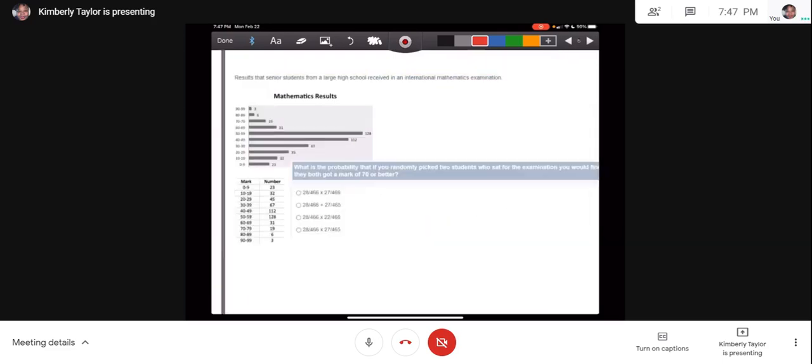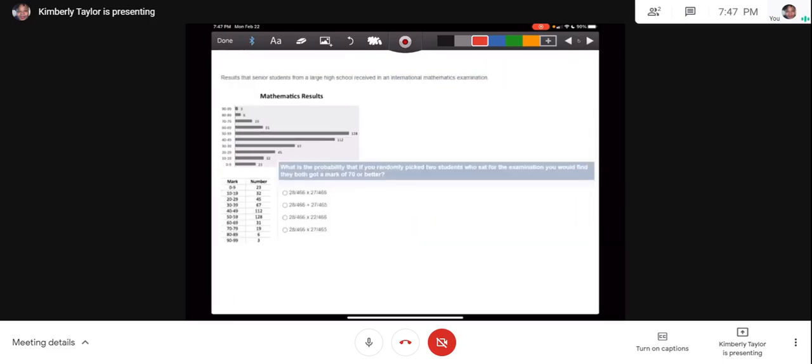Okay, let's keep going. Here's another question. It says, what is the probability that if you randomly pick two students who sat for the examination, you would find they both got a mark of 70 or better? So for this kind of question, let's look at 70 or better.